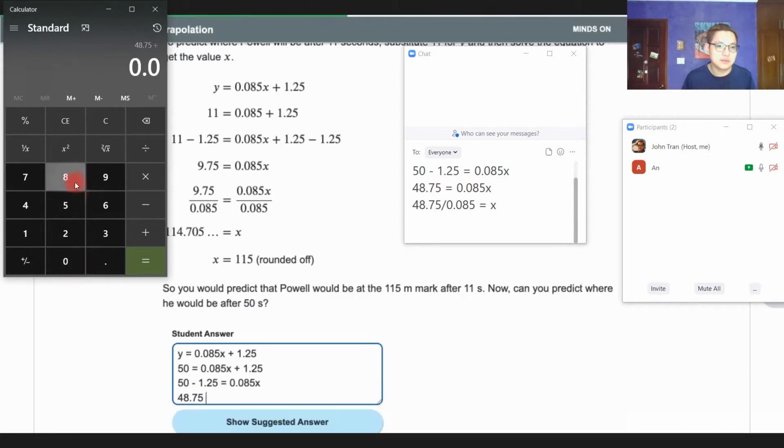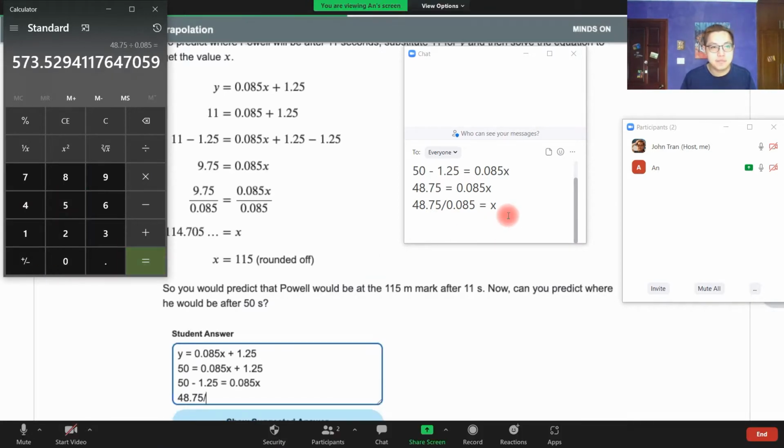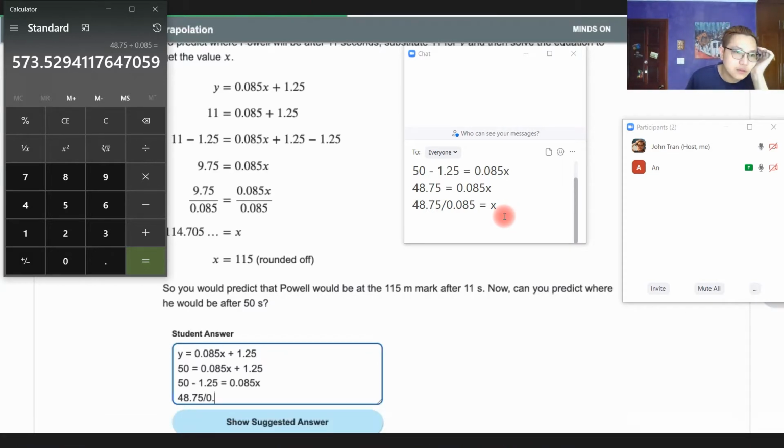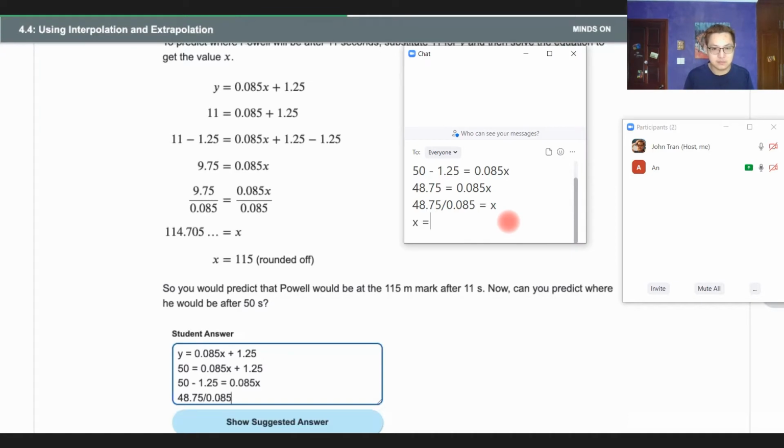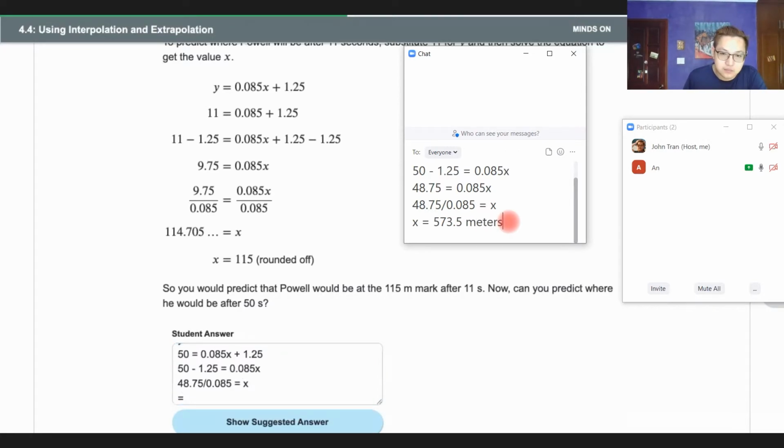Divided by 0.085 x. So it would be 48.75 divided by 0.085. It'll be about... how much do you have?